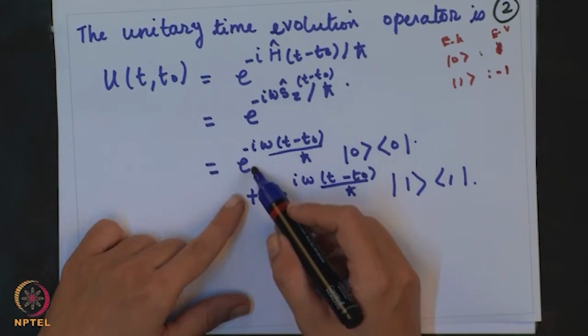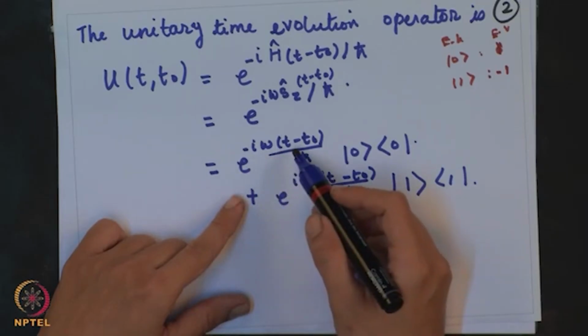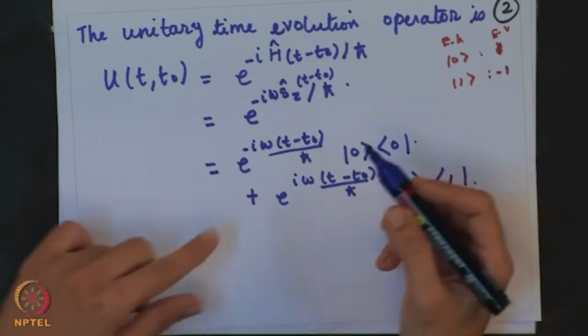Here the exponent e raised to i theta, you can write as cos theta plus i sin theta.